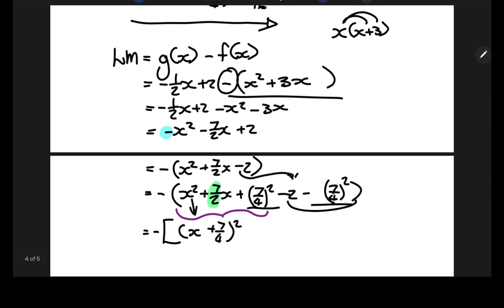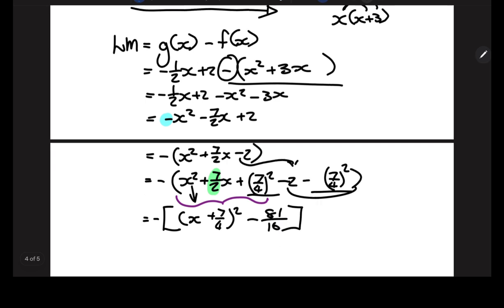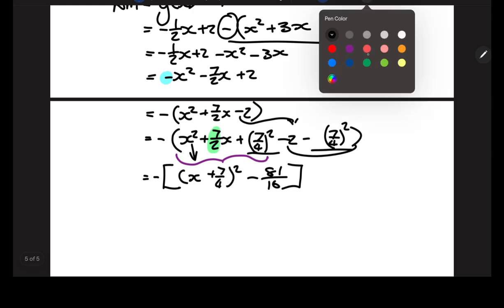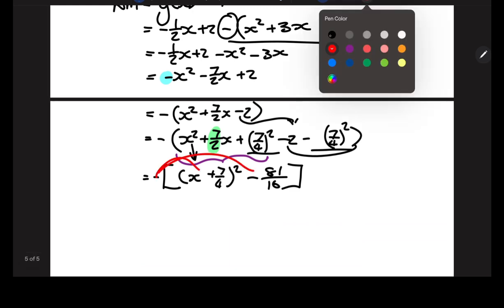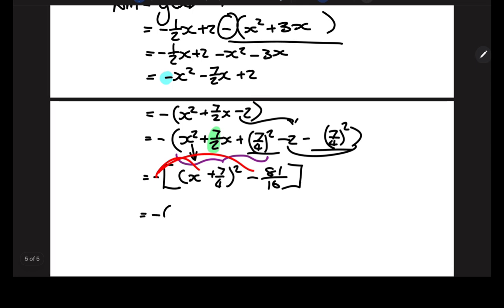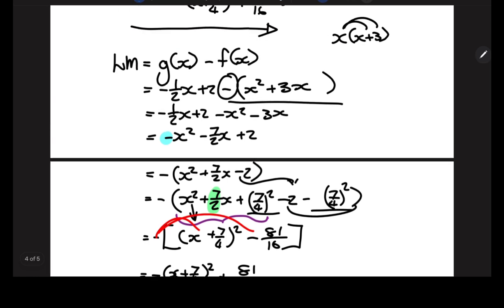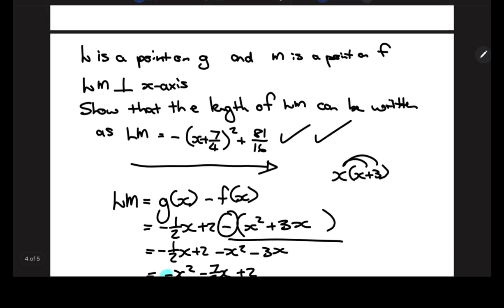And then I'm going to punch all this in my calculator and I'll get negative 81 over 16. Close my brackets. Okay, but now we're not finished, because we have to distribute that negative into both these terms. Okay, so negative x plus 7 over 4 squared plus 81 over 16, and I think we have just proven it.